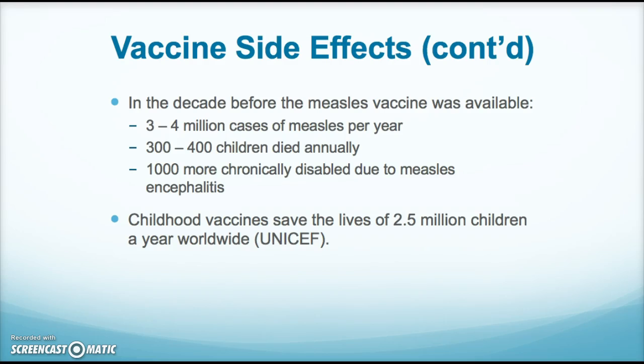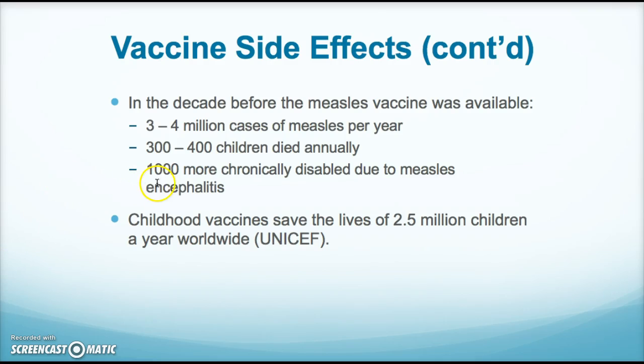So before we had the measles vaccine, just as an example, we had 3 to 4 million cases of measles per year, which is a lot when you think about that. And out of those, between 300 to 400 children died annually from measles. So this is completely preventable using a vaccine. And you can imagine how huge that would be when you look at the population of the US.